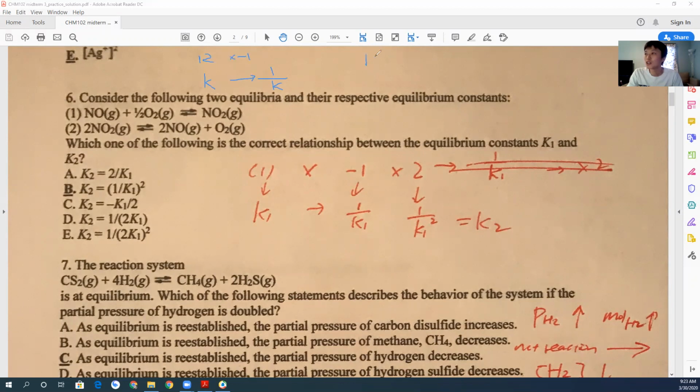For a reaction, if we do not switch sides, but only multiply all the coefficients by a factor of n, the K value will become K to the exponent of n. So that's how we adjust this equilibrium constant. In this question, we have the first reaction and the second reaction.